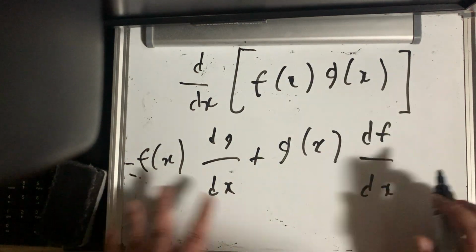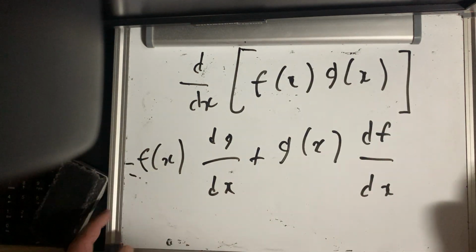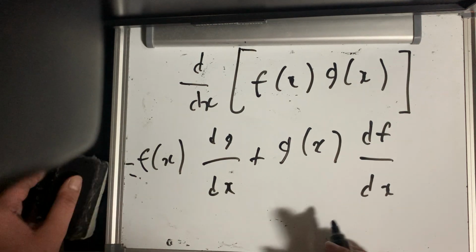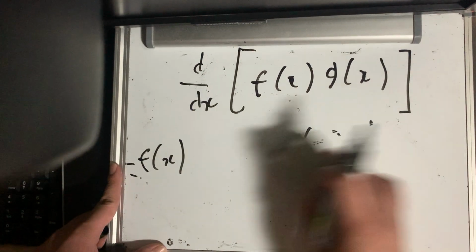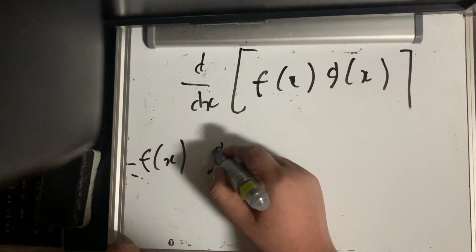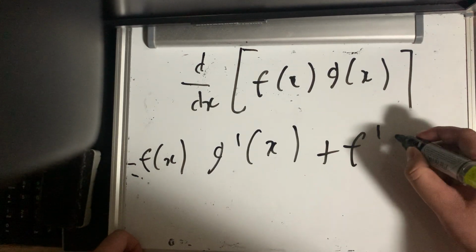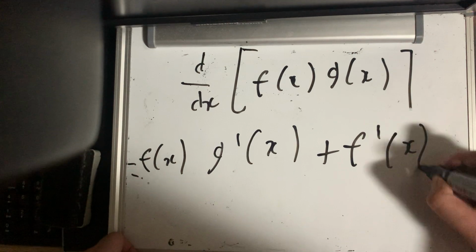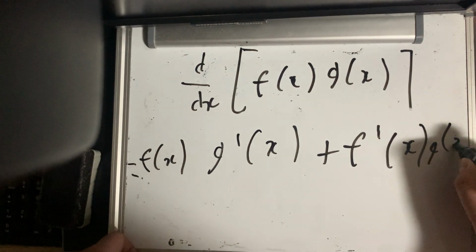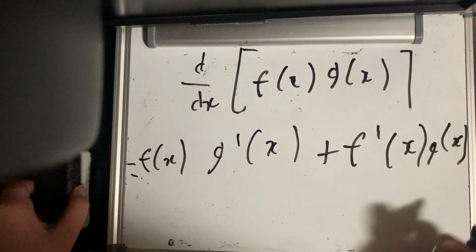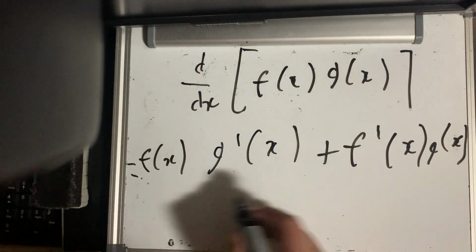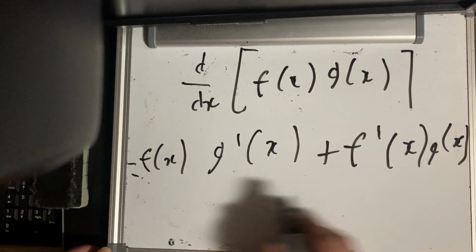It's like they're taking turns of being derivatives. But essentially, that's pretty much it, right? You can simplify dg over dx as g prime of x, and then you can simplify df over dx as f prime, and then you have, oh, running out of space again. I should really plan before I write. Yep, this is the product rule.